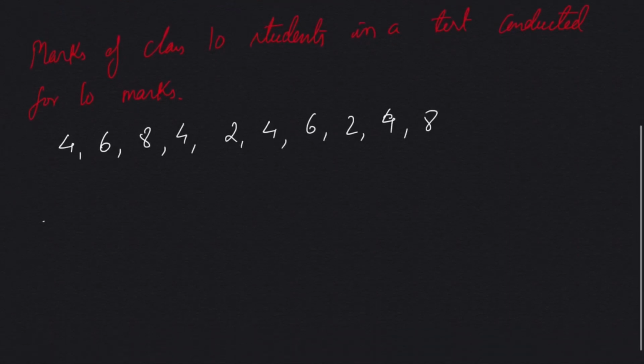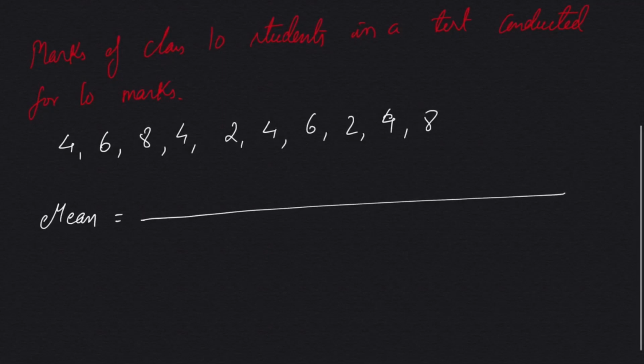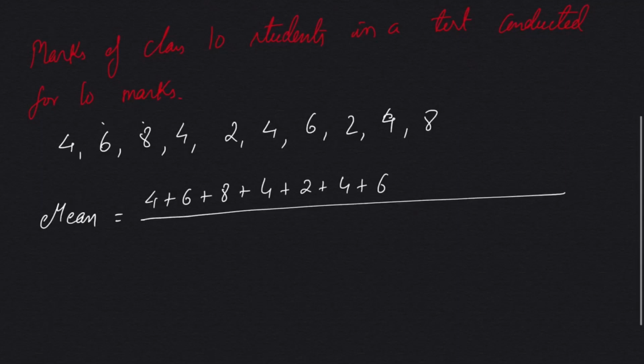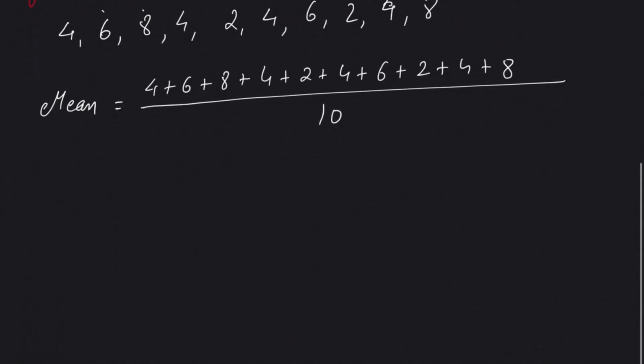So how do we calculate the mean? If you remember, mean is very simple. This kind of data is actually called raw data, where the direct entries are given to us. We add the total of all the observations: 4 plus 6 plus 8 plus 4 plus 2 plus 4 plus 6 plus 2 plus 4 plus 8, and divide by the total number of observations.